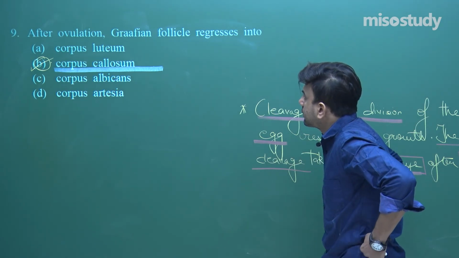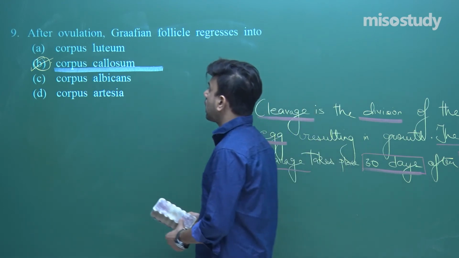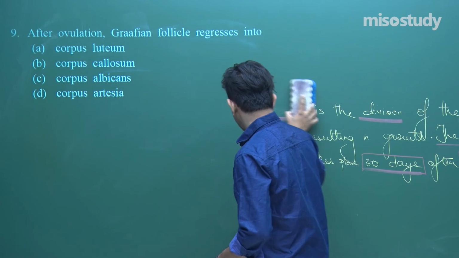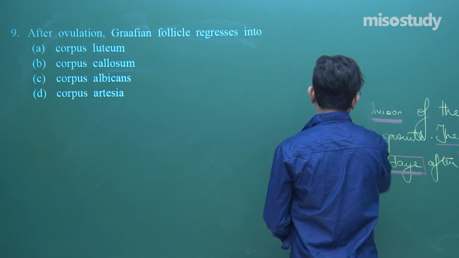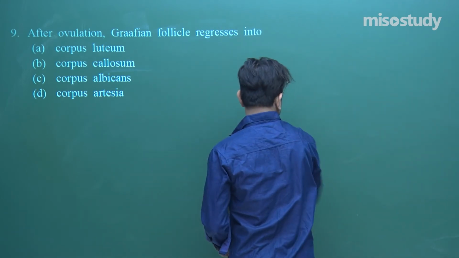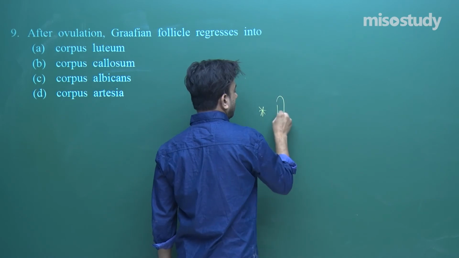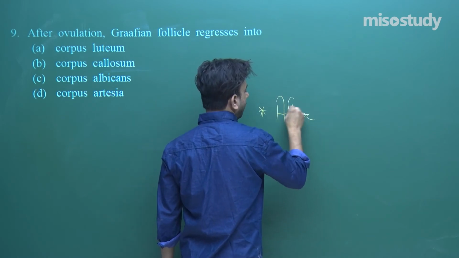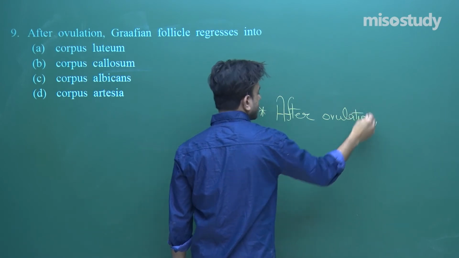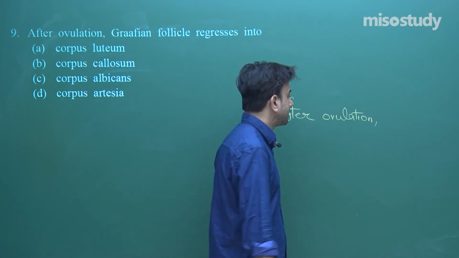After ovulation, the Graafian follicle regresses to what? We have all done this. After ovulation, the Graafian follicle will regress to the corpus luteum.